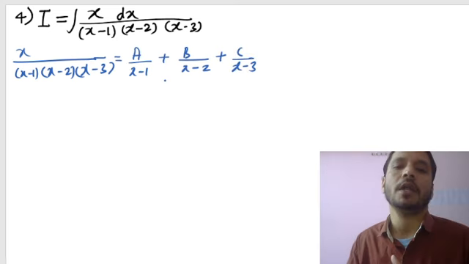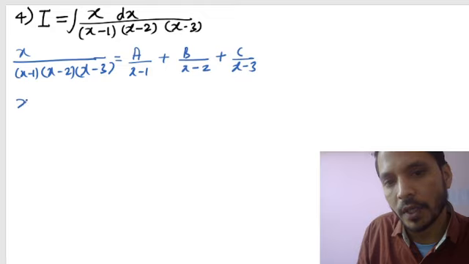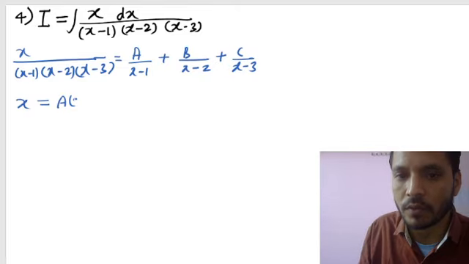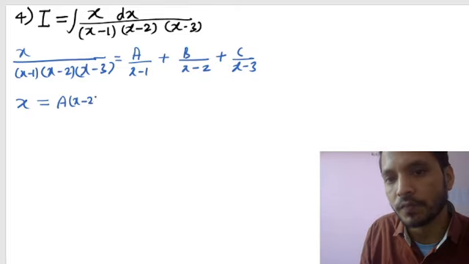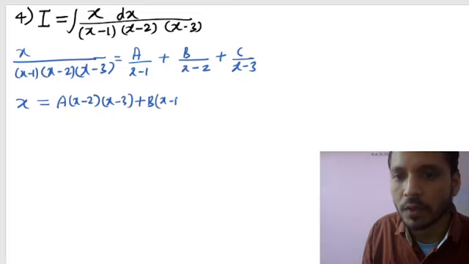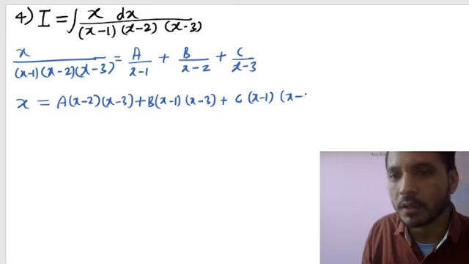Alright, now we are going to take the LCM, so x will be equal to a into x minus 2 into x minus 3, plus b into x minus 1 into x minus 3, right? Plus c into x minus 1 into x minus 2.